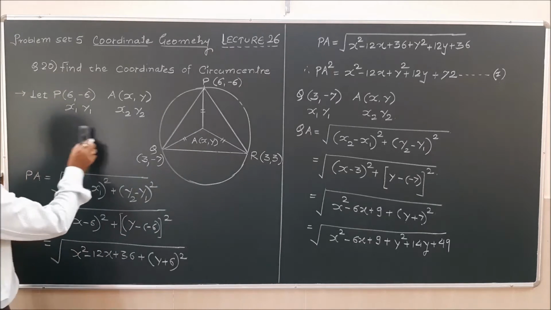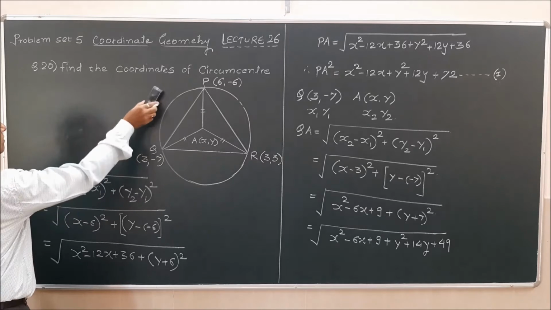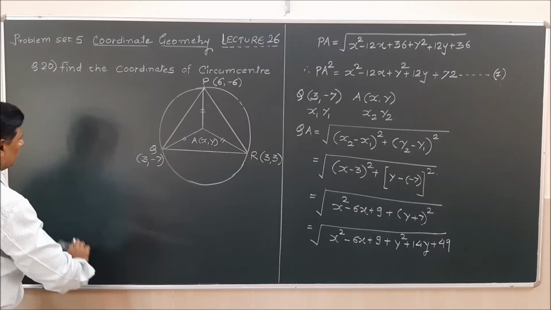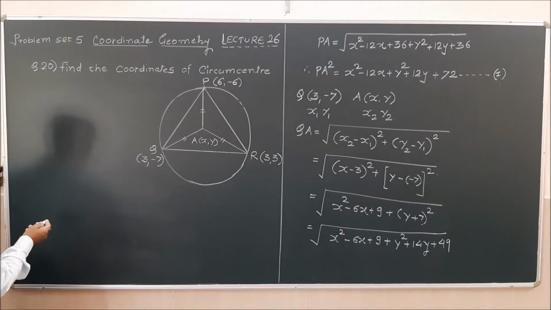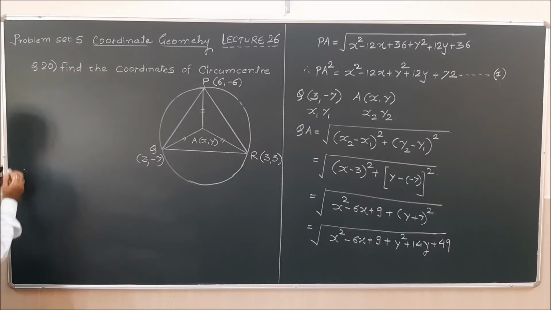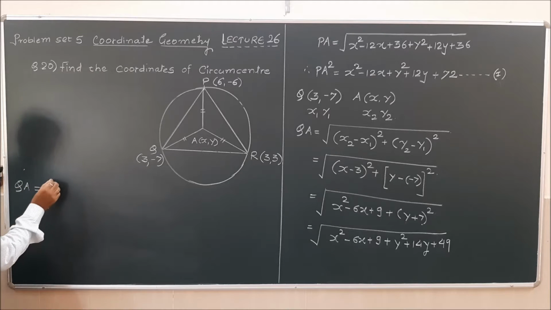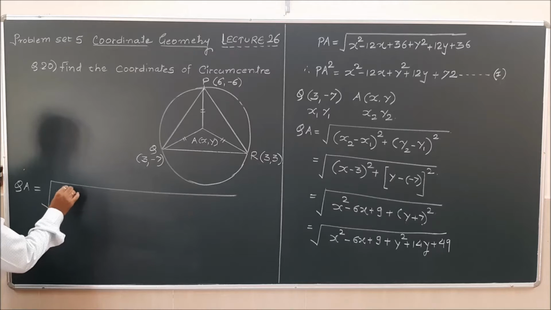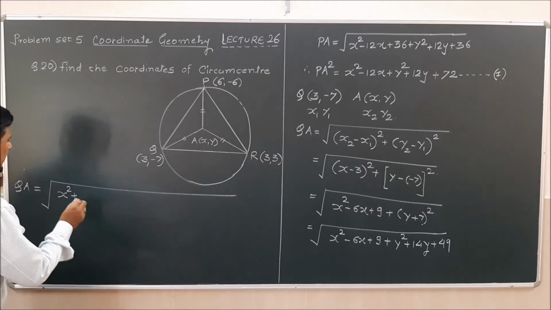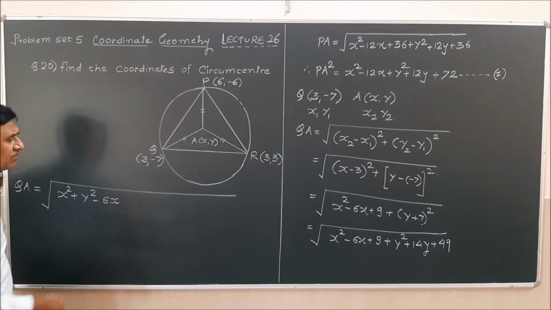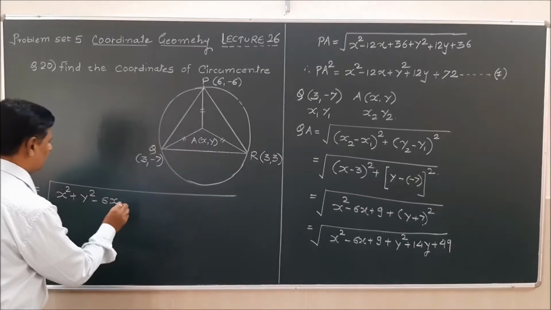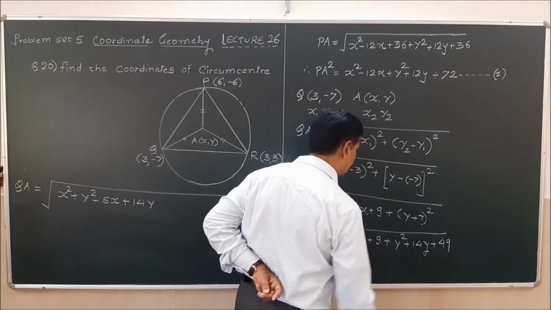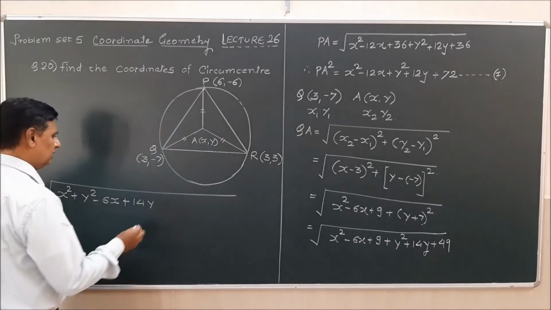So QA is equal to root of x square plus y square minus 6x plus 14y, very important now, this 9 plus 49 will give us 58.